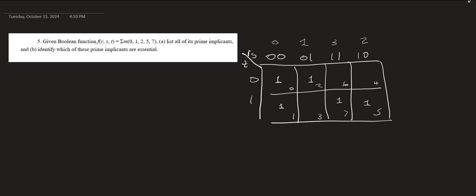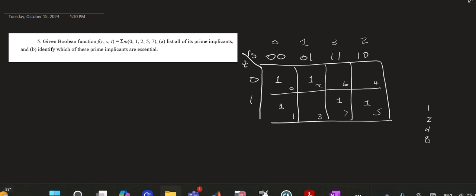And a prime, well, first of all, an implicant is any circle that I could make. So I could have 1 or 2 or 4 or 8. It could contain that many. Let's see, to make sure I'm remembering correctly.